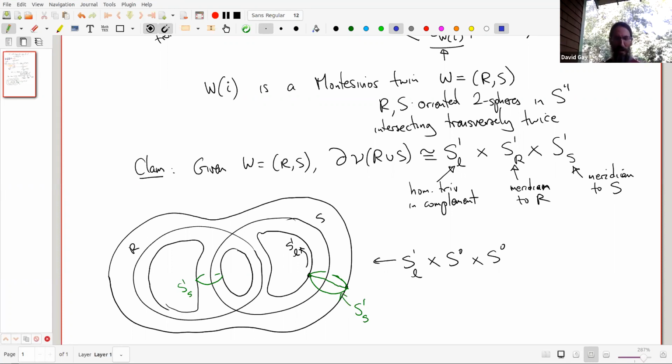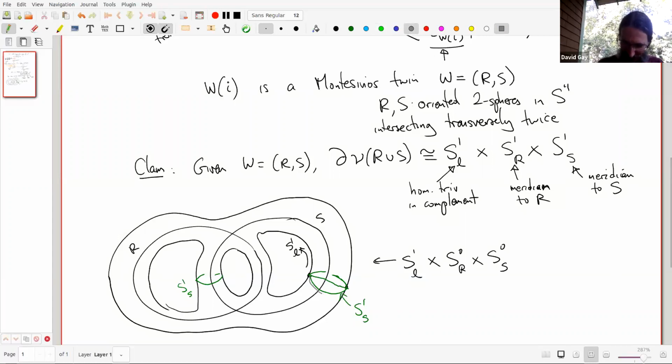Okay, so I'll back up a little bit. This was a schematic, a mix of dimensions. At face value, it's literally just two S1s in S2, and a boundary of a two-bit neighborhood of that configuration as S1 cross S0 sub R cross S0 sub S. But you can imagine it a little better if you are willing to mix dimensions.